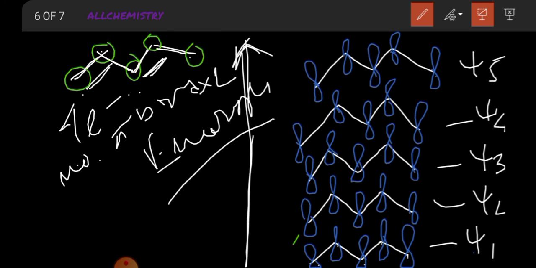So place 4 electrons here, 2 electrons in one level, this is Hund's rule, 2 electrons in another. So now the last energy level which will be occupied, that will be HOMO.